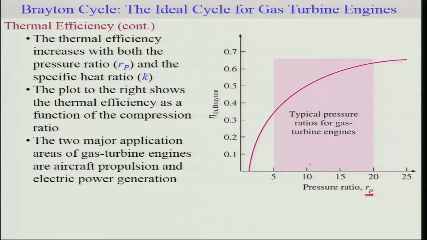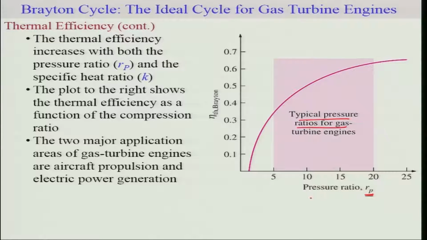Thus the material limits the pressure ratio which can be used by the cycle. Even though theoretically it can increase further if you increase the pressure ratio, typically it is limited by the material properties, and hence the typical pressure ratios are in this shaded region.